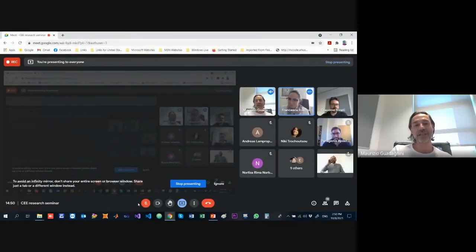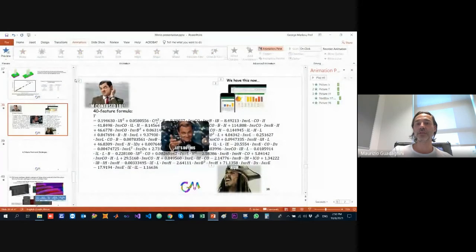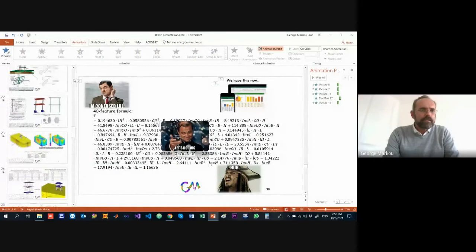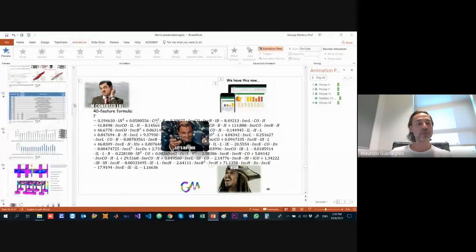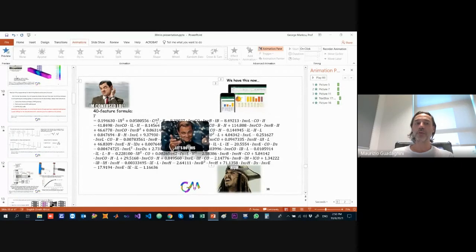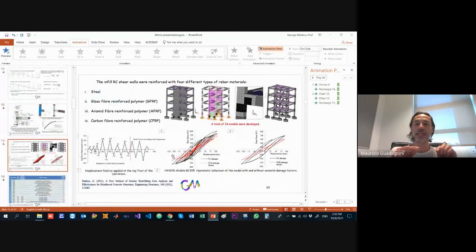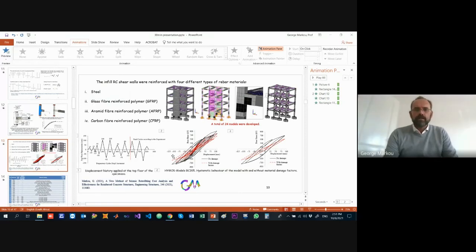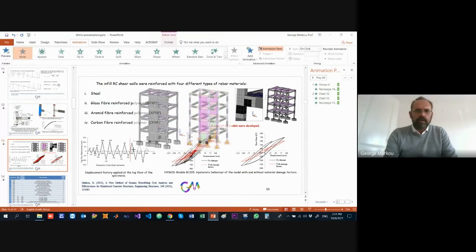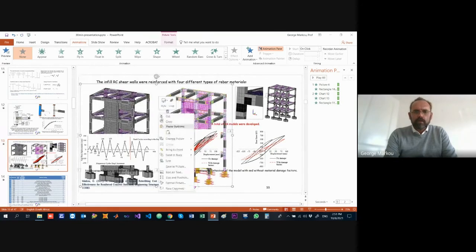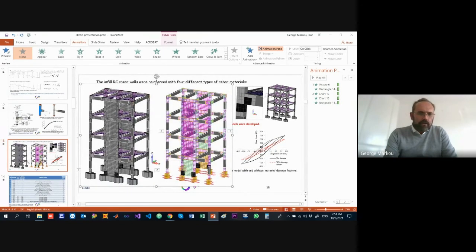George, I have a practical question on the test that you were showing for the retrofitting using infill shear walls, where you were using different types of internal reinforcement for those walls. How did you connect the reinforcement in the infill walls? Is it connected to the structural elements of the pre-existing structure? Yes, there is a way where you can drill the existing beams and columns, and you can drill and use dowels.